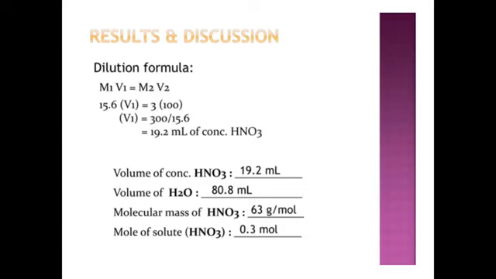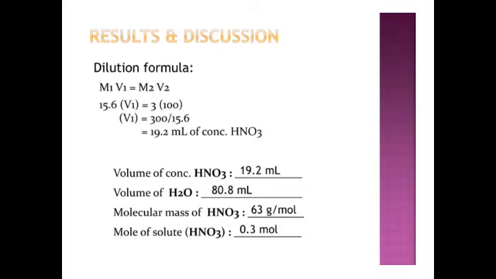The dilution formula is a mathematical approach to help us know what amount of water is needed to be added to dilute a particular concentrated solution. So you are going to be using the formula M1V1 = M2V2, where M1 is the initial concentration or molarity of the acid, V1 is the initial volume, M2 is the final concentration you are expected to prepare, while V2 is the final volume you are expected to use.